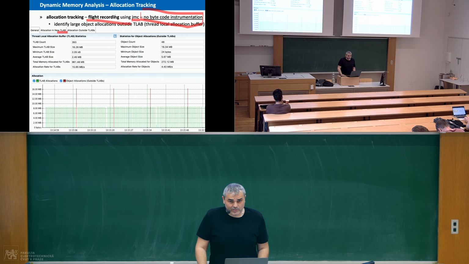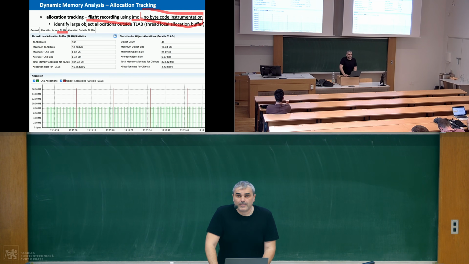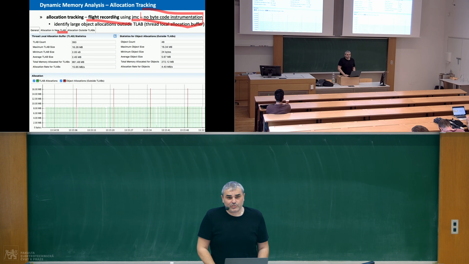So if it is enabled, during that call the internals of the virtual machine already know what kind of object is requested to be allocated, what the size of the object is, and also it can easily track from which part of your application it was called.